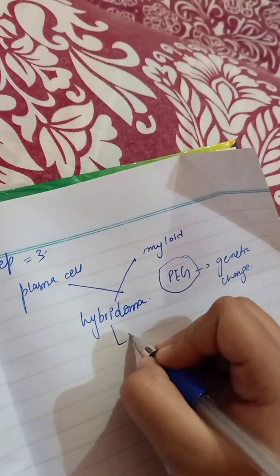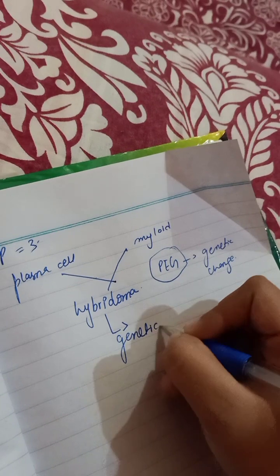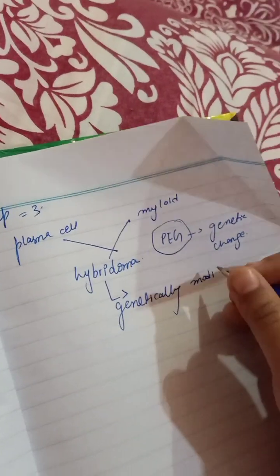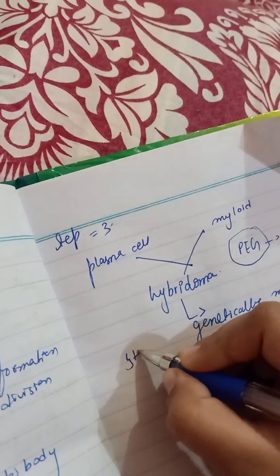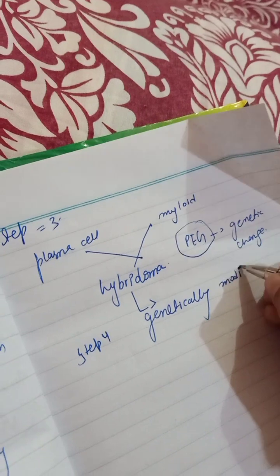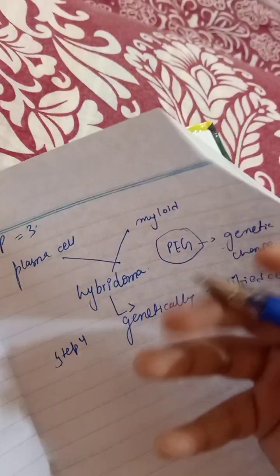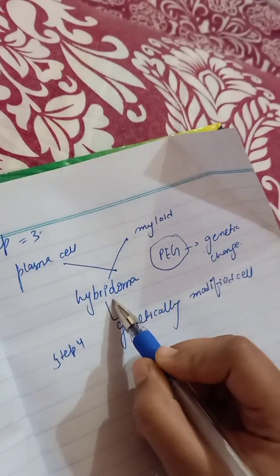A hybridoma is basically a genetically modified cell. Hybridoma formation is step 4. The genetically modified cell has the ability to make the antibody and to divide rapidly. We can also destroy these by radiation.